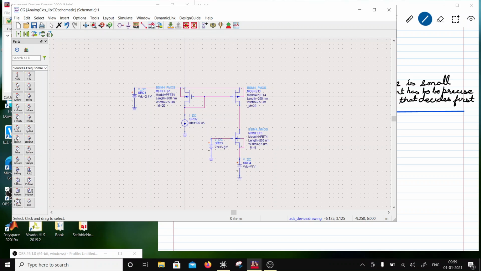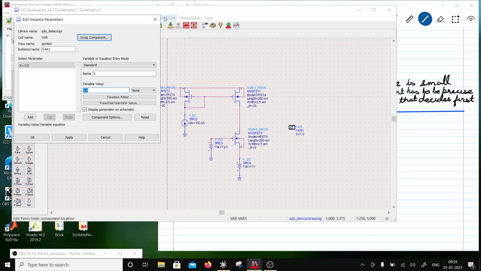So if you take a variable, one variable is VG. VG I'm going to set to 0.71. Okay, 0.71, and then I have got VI, which I'm going to sweep.